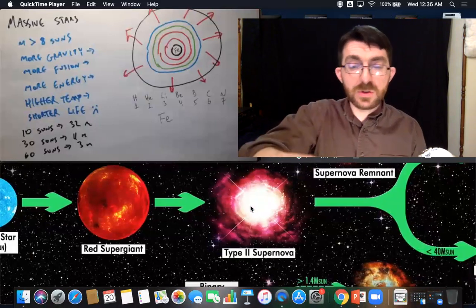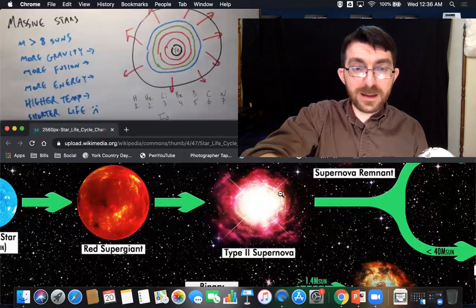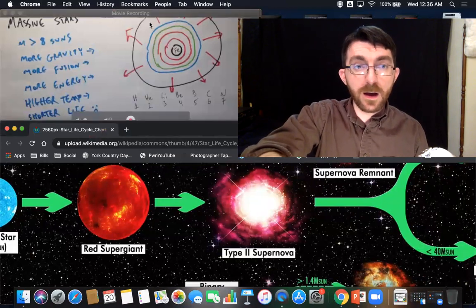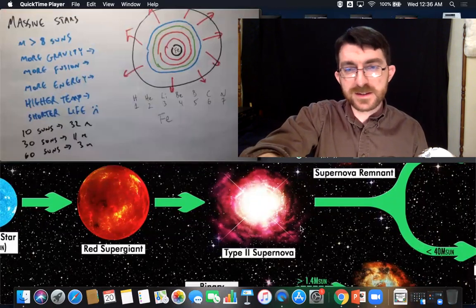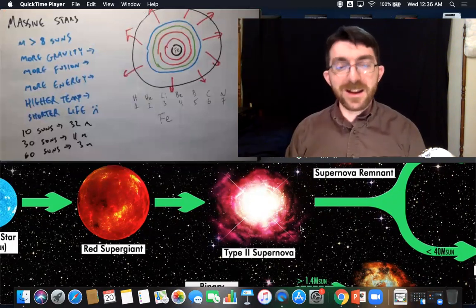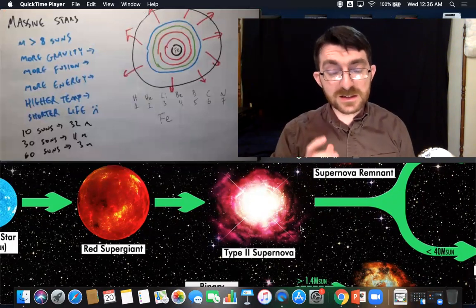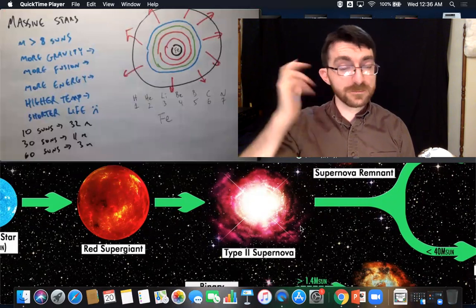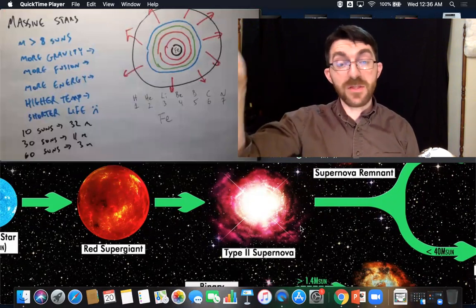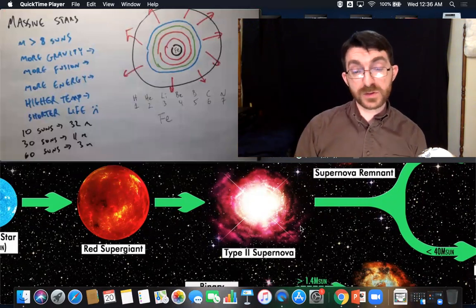A type 2 supernova is the death explosion of a supermassive star.